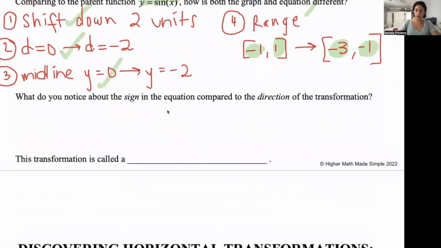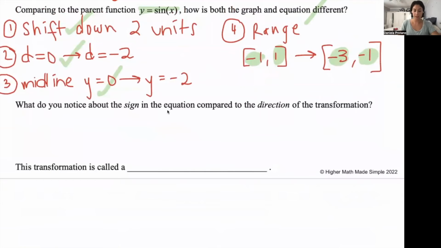So, a similar important note like the previous example: what's the correlation between the sign in the equation and the direction? Again, the equation was y equals sine of x - 2. I'm talking about this subtraction sign here. How do we compare that to the direction of the transformation? Remember, we went down 2 units.